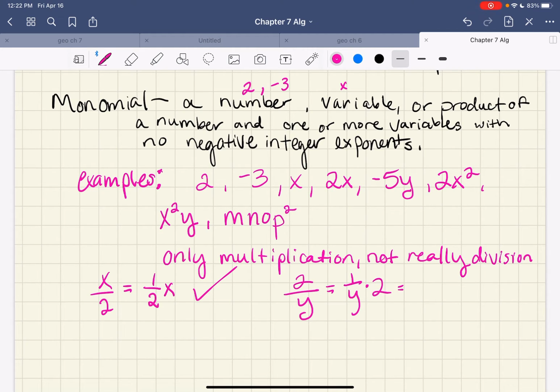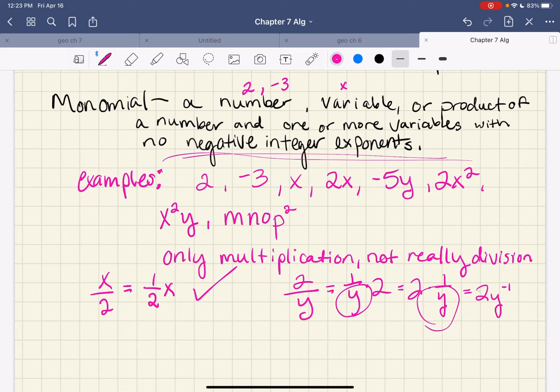And even if I put 2 times 1 over y, this y in the denominator is something that I can't really get rid of unless I switch this to 2y to the -1 power, and that's what they're referring to here. So you basically can't have a variable in the denominator if you are going to have a monomial.